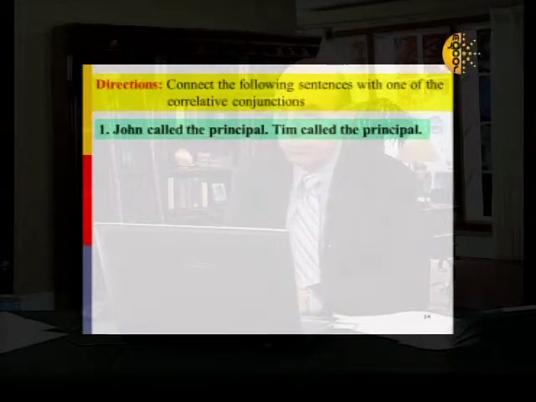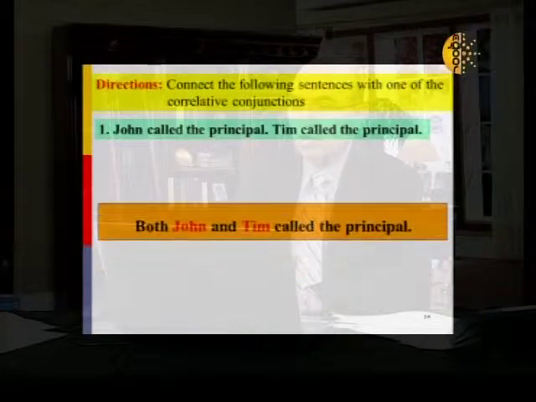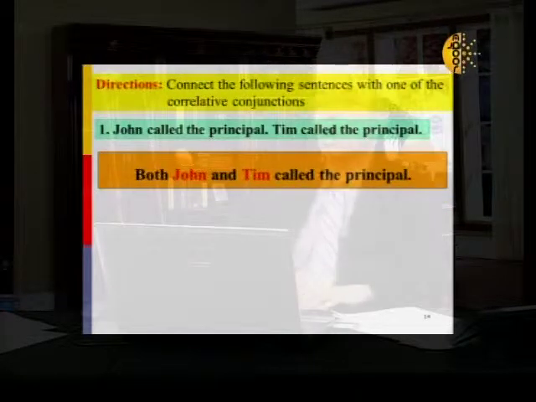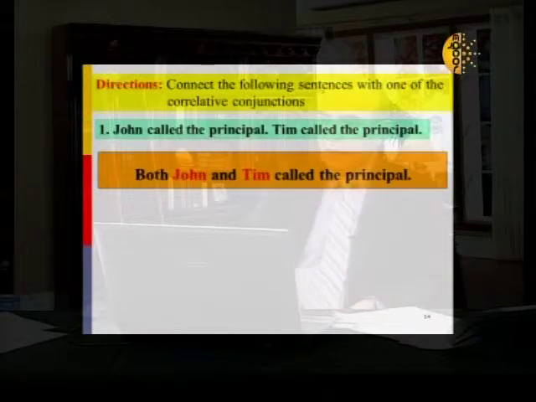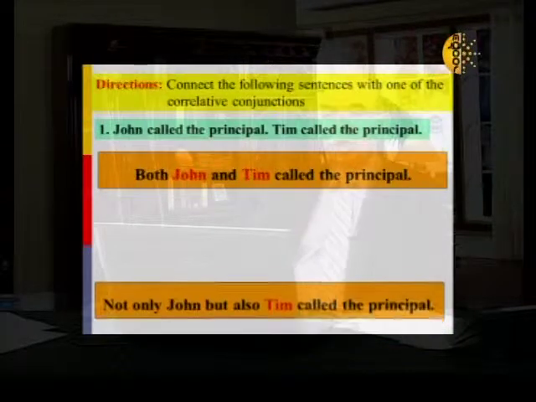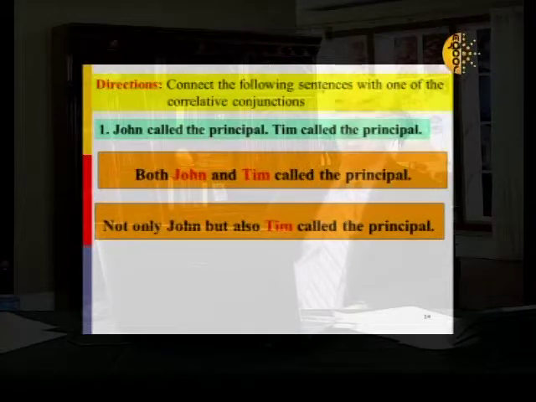One is to say both John and Tim called the principal. So you use both and. The other correlative you can use is not only, but also. You say not only John, but also Tim called the principal. So both of them. But remember, after not only you have John, a noun, after but also you have Tim, a noun. The same thing.